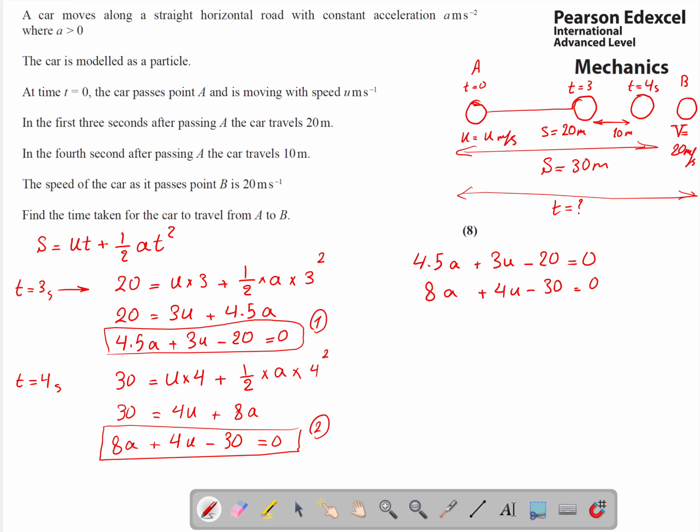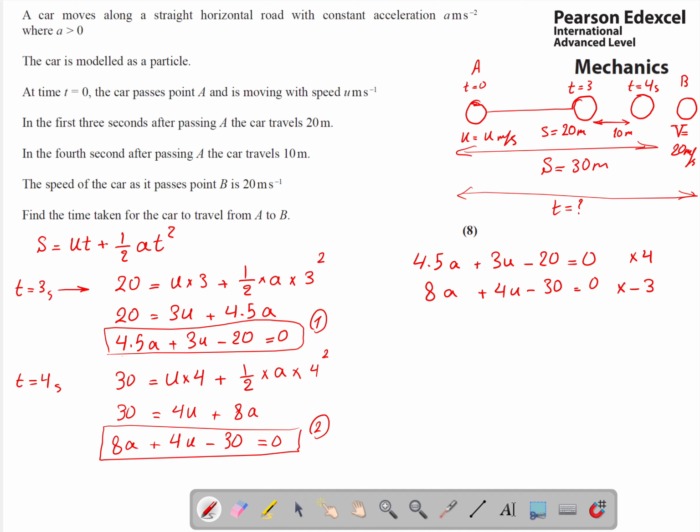I can multiply the first equation by 4 and the second by minus 3 to cancel the u. This one will be 12u, this one minus 12u, so they cancel. Let's do it.